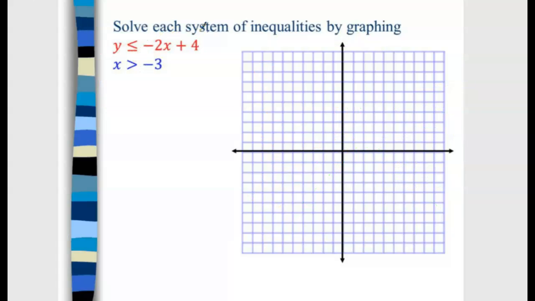Okay, solve each system of inequalities by graphing. You have y less than or equal to negative 2x plus 4. So this is in y equals mx plus b. We're going to plot our y-intercept. Goes down 2 and over 1.